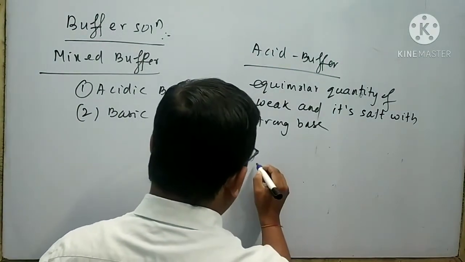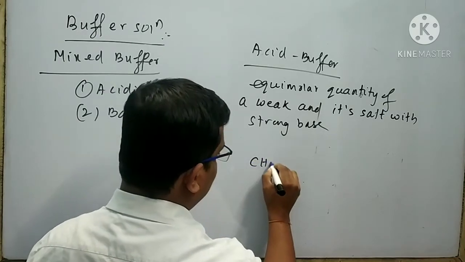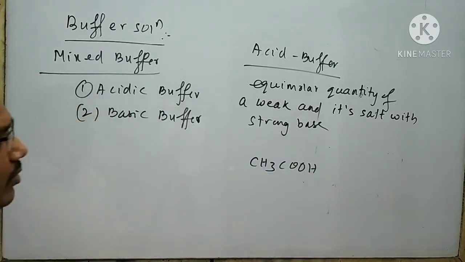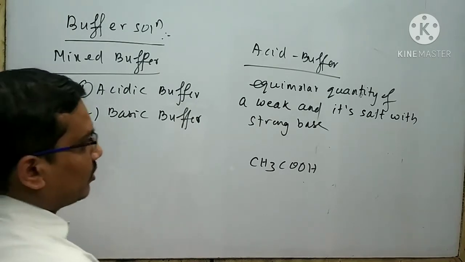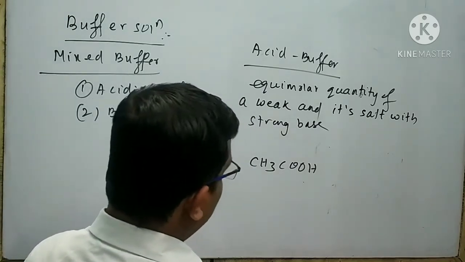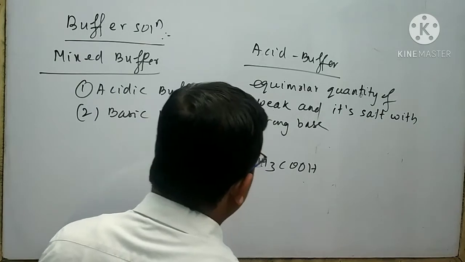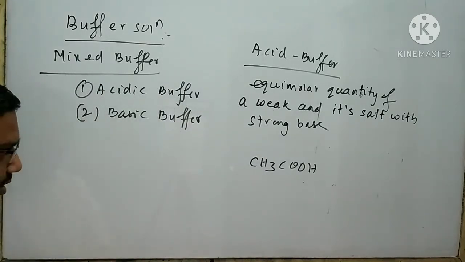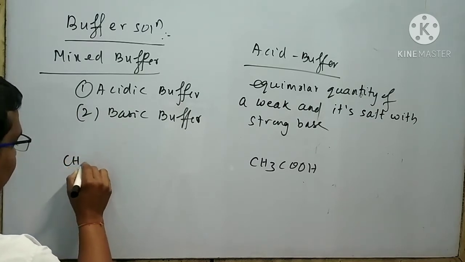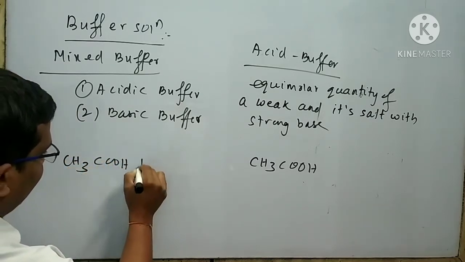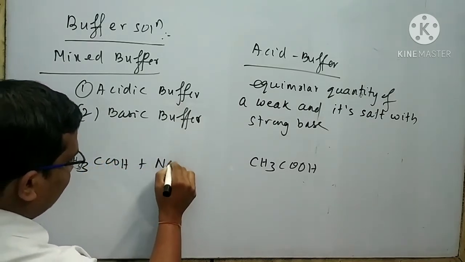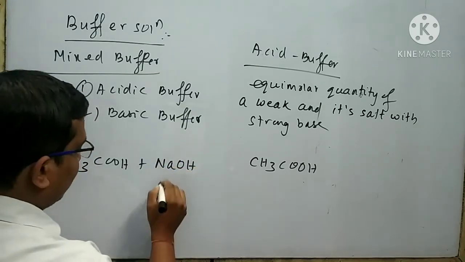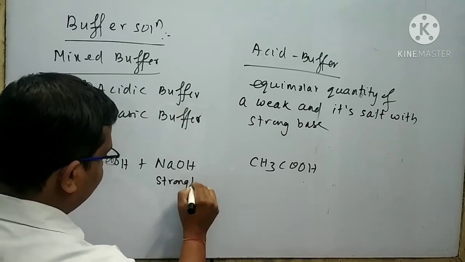Suppose take a weak acid, CH3COOH. If I think about the salt with a strong base, take an example: when acetic acid is subjected to reaction with a strong base, suppose I take sodium hydroxide as the strong base.